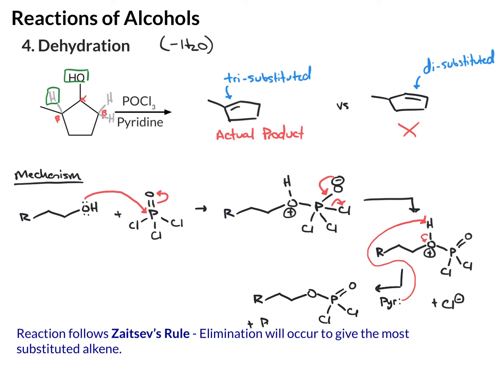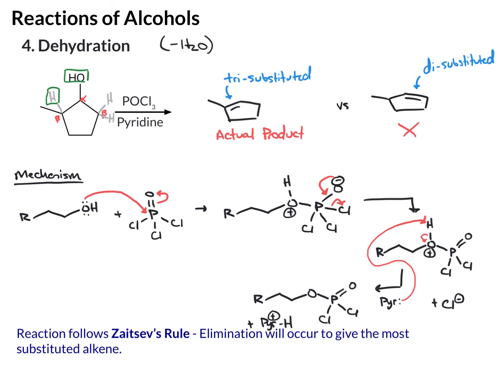Draw the byproduct, PYR, H+. And that pyridinium ion will be counterbalanced by the Cl-. All right, so now we have this oxygen with the big phosphorus group on there.